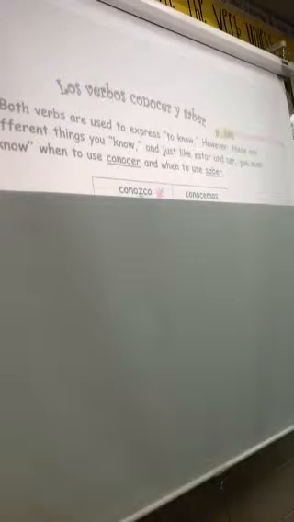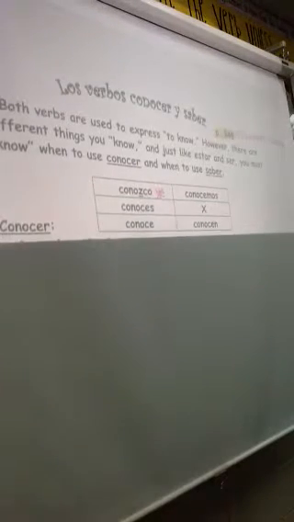Conocer, the only thing that's irregular about it is that it's conozco, and it's a weird ZCO there. So just know that it's irregular. You have to remember that that one's just different. But everything else, if you were to take away the ER and add ER endings, then you have the rest of your conjugations for your verb, conocer, to know a person or a place.